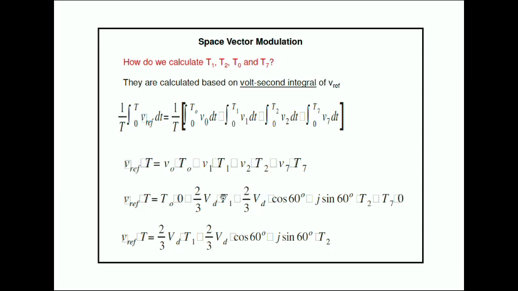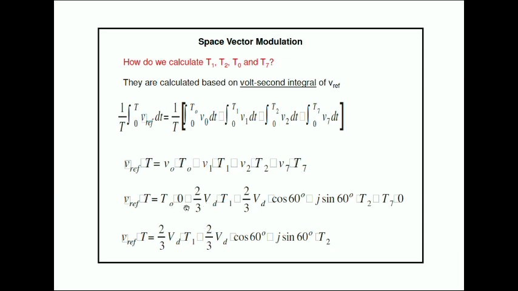And if we expand this, we know that T0 is the time for which V0 is active, and V0 is a 0 vector, so it is 0, plus V1. We have already seen how we represent V1, and what its magnitude is, with the vectors a square and 1. So according to that, we are writing it here.